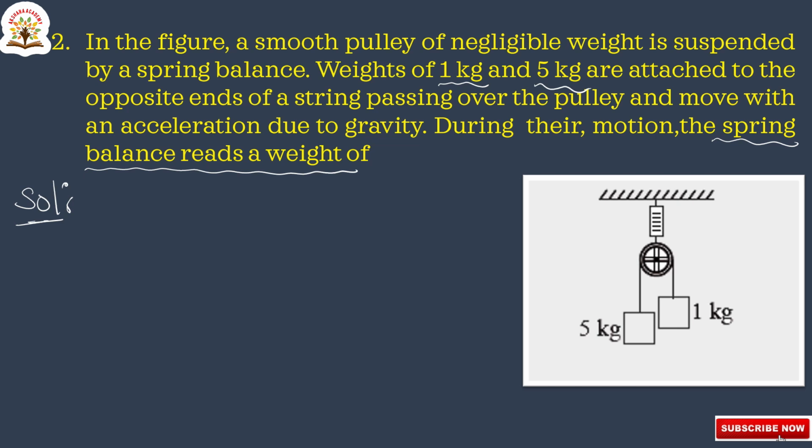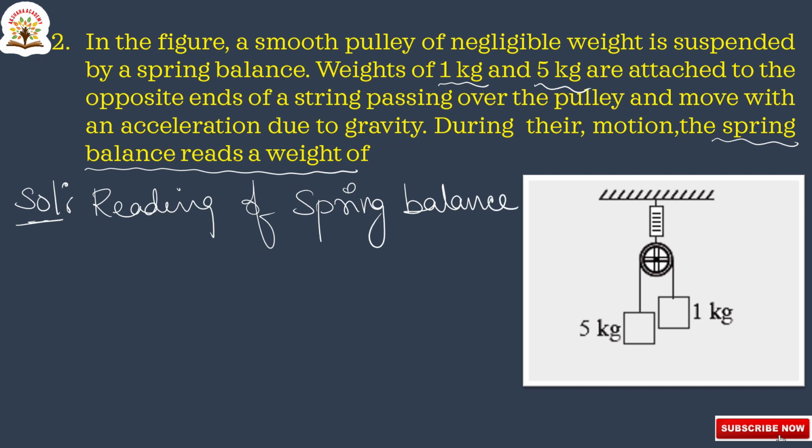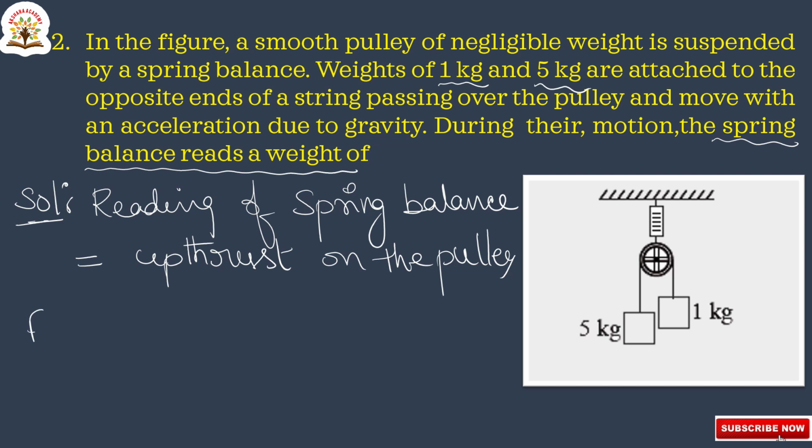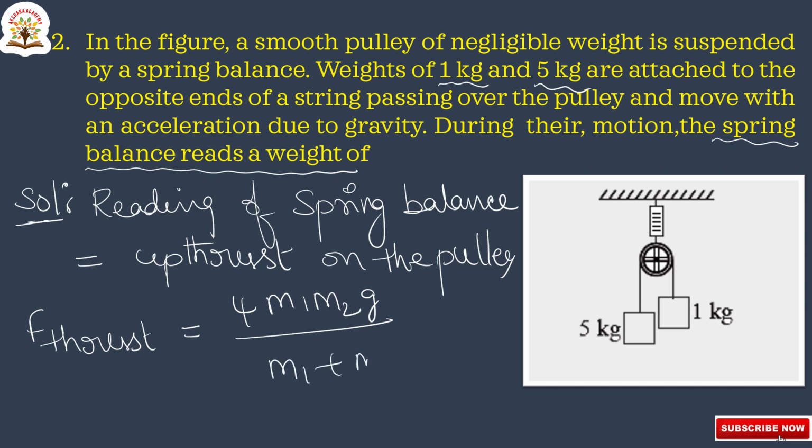Reading of spring balance is equal to the upthrust on the pulley. So upthrust, that is F thrust, is equal to 4 m1 m2 g by (m1 plus m2).